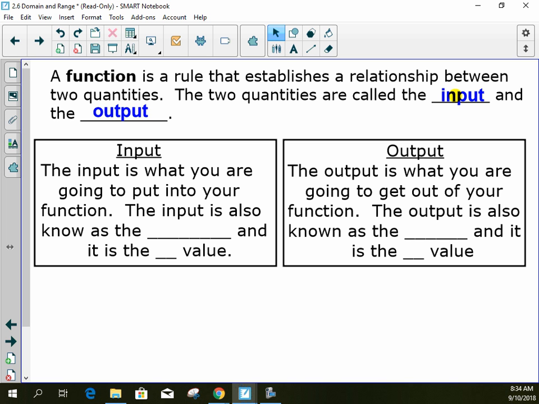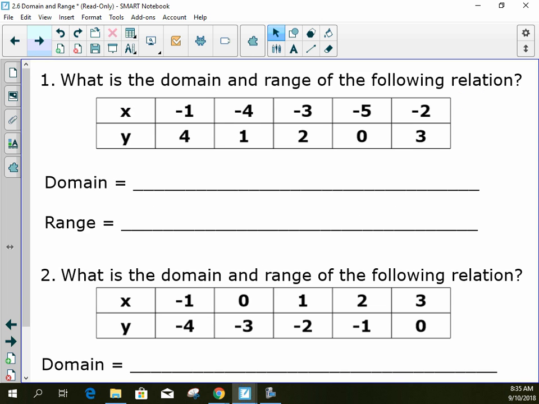The input is what you put into your function. The input is known as domain. It is also your x. The output is what you get out of the function. The output is known as the range, and it is the y. Easy breezy. What is the domain and the range? Domain is your what value?